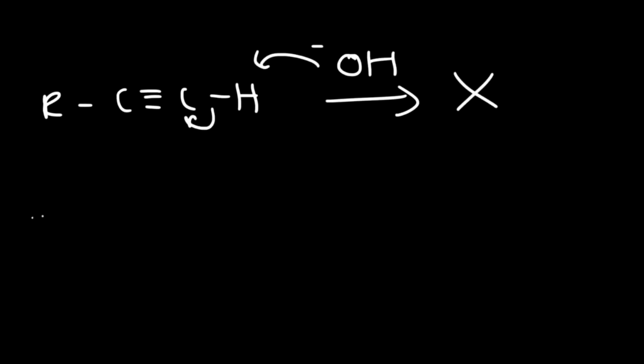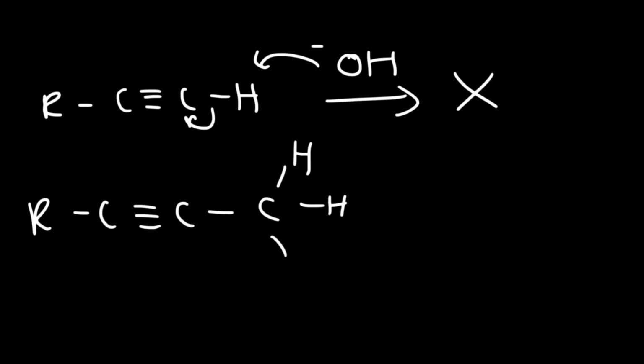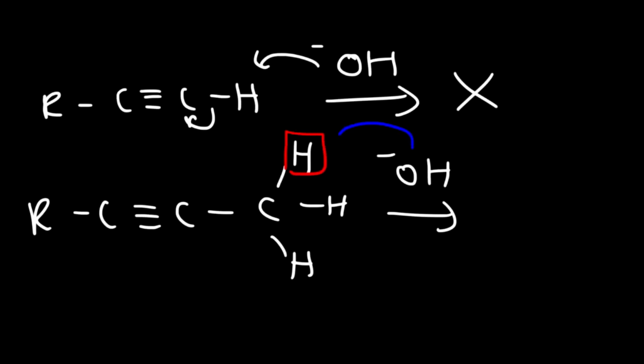It's not strong enough. However, it could take off an adjacent hydrogen on a carbon atom if it's heated, because this hydrogen is more acidic. As we mentioned before, if it takes off this hydrogen, the conjugate base is stabilized by resonance with the triple bond.